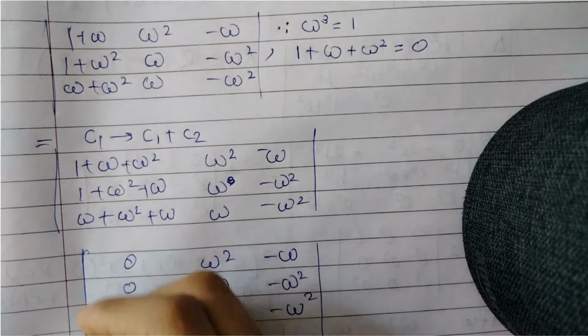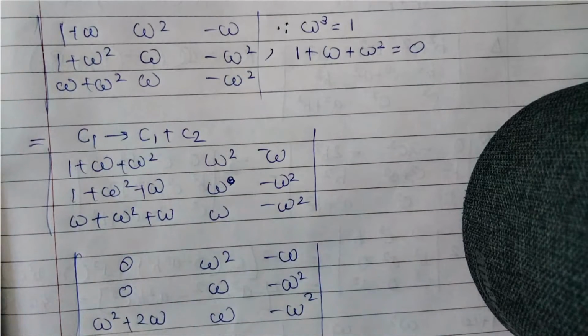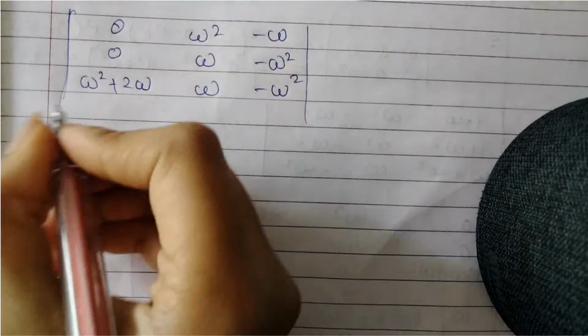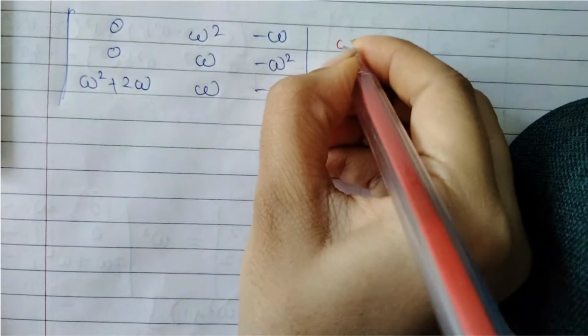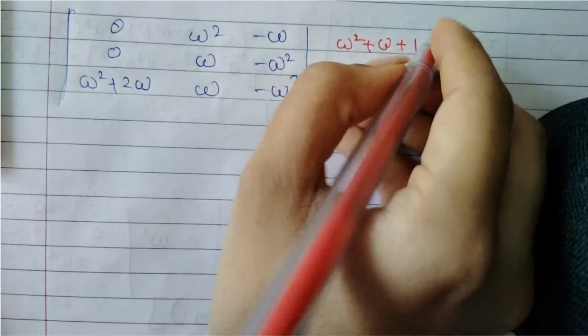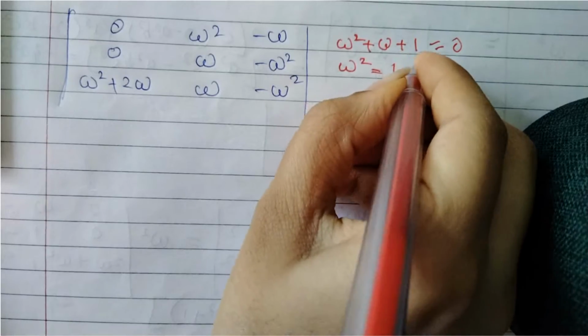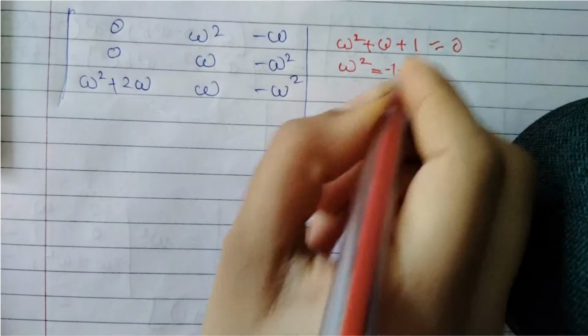So here we can simplify this term which we have got, which is omega square plus 2 omega. It can be written as, so omega square plus omega plus 1 is equal to 0. So omega square is minus 1 minus omega, right?